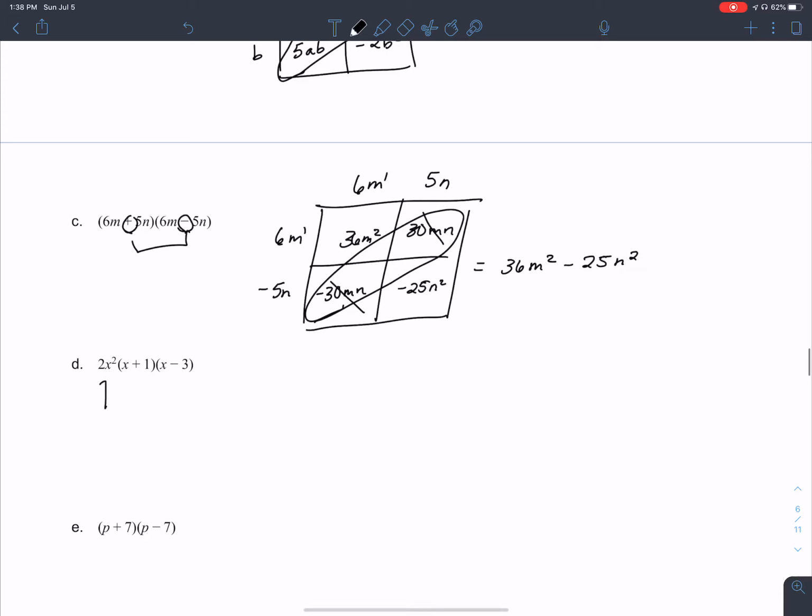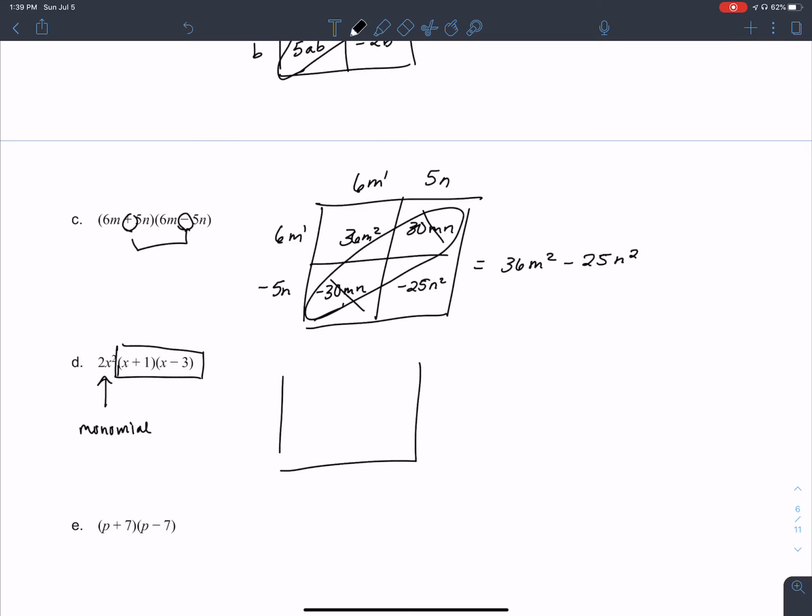So what I want you to notice here is we have a monomial. This monomial only gets distributed once. So what we're going to do is box this first, then multiply the monomial. So let's do that. We're going to do x plus 1 times x minus 3. So x, positive 1, x and minus 3. So x squared, 1x, negative 3x, negative 3.